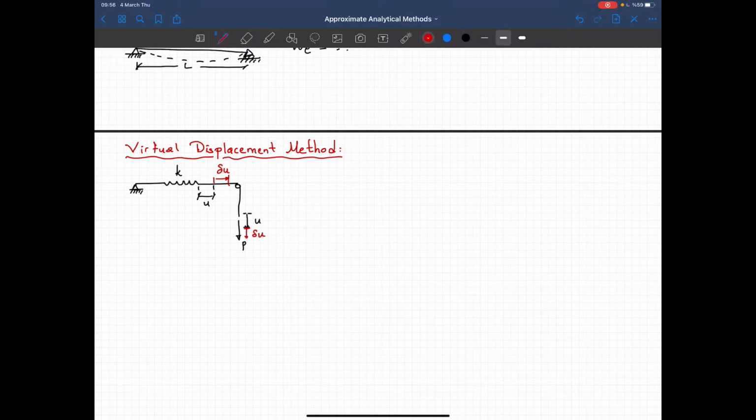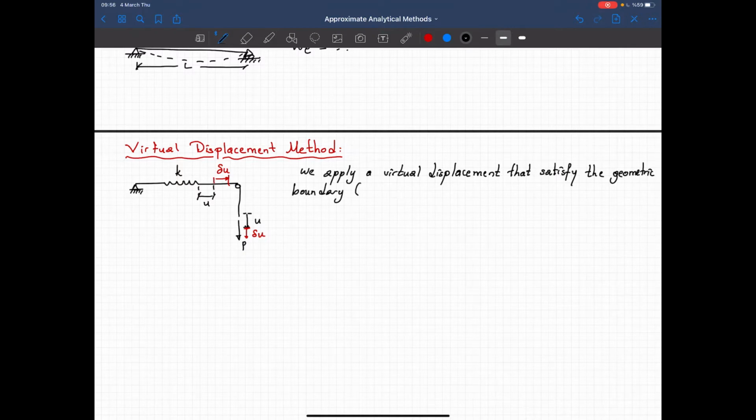So now what we did is we apply a virtual displacement that satisfies the geometric boundary conditions. Or we can just say the essential boundary conditions.